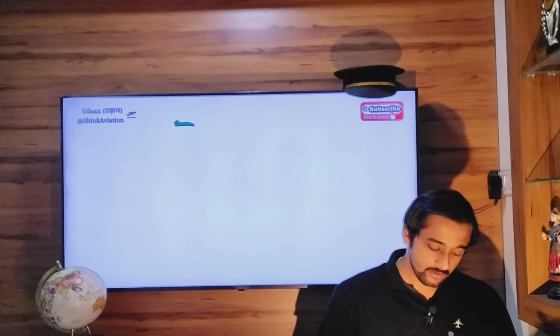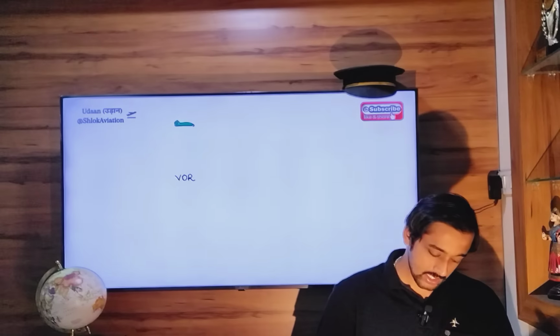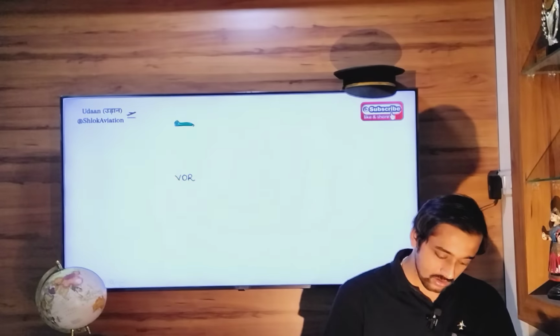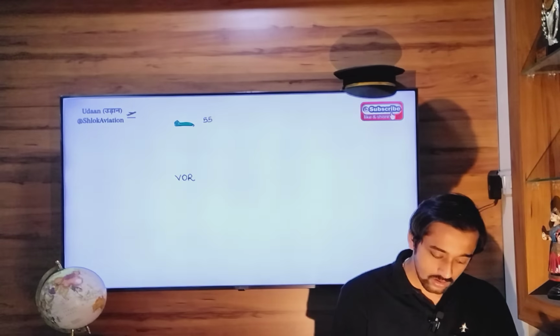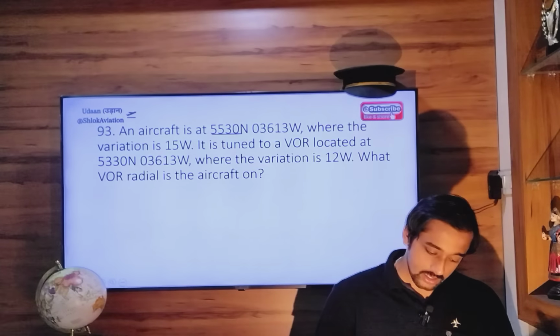So aircraft is at 55 degree 30 minutes north and VOR is at 53 degree 30 minutes north.